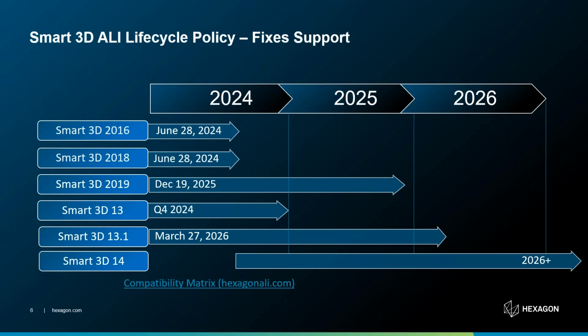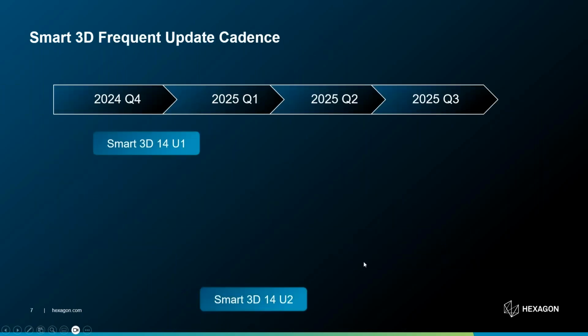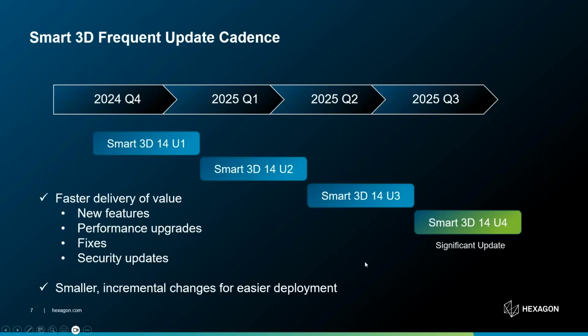I would like to bring your attention to version 14, and because of this, I wanted to take a few moments to explain our new delivery schedule for Smart 3D. Smart 3D will be a long release version with frequent updates. As you can see here, we are working in a quarterly cadence.